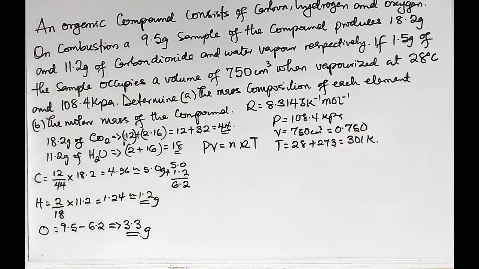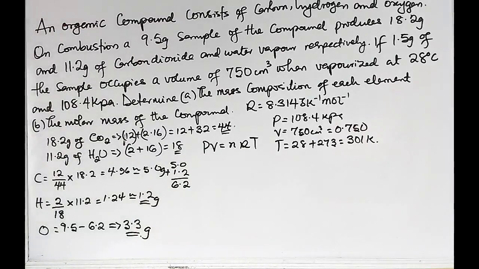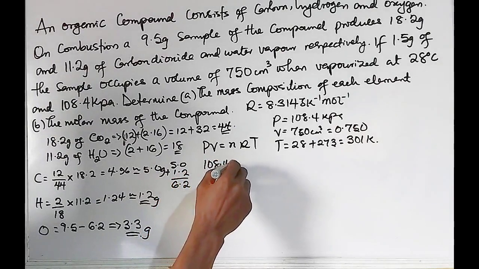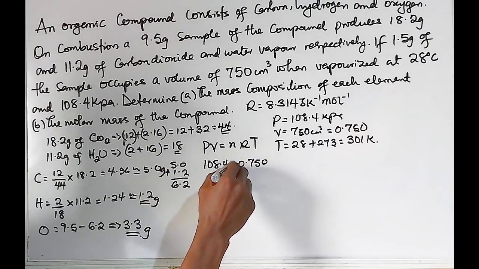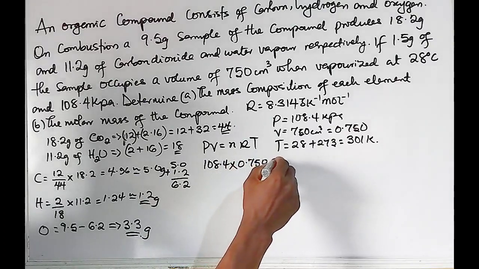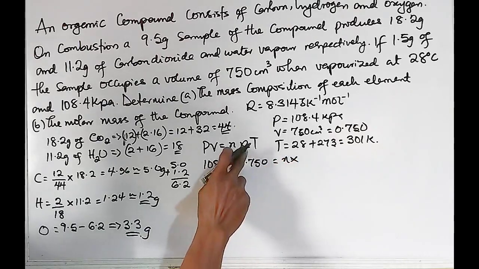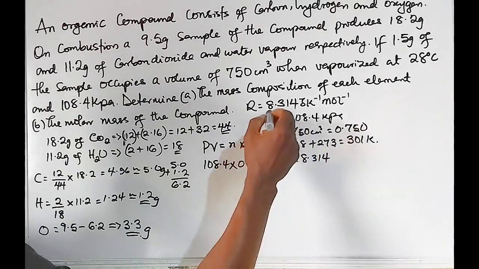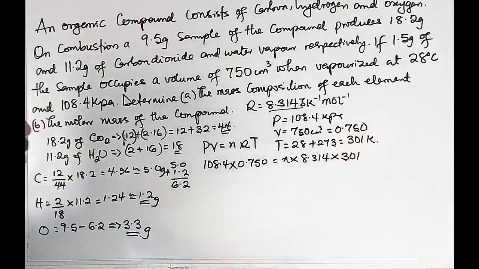Alright, now let us plug in these parameters to get the number of what? The value of mole. So here we have 108.4 times the volume 0.750, which equals the number of mole times our molar gas constant 8.314, which is given here already, then times 301, which is the temperature.